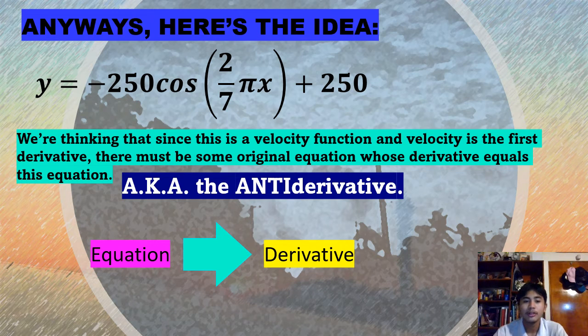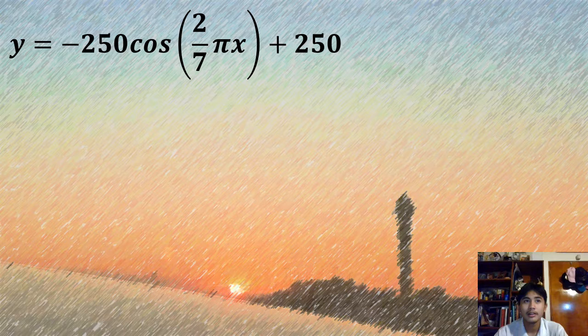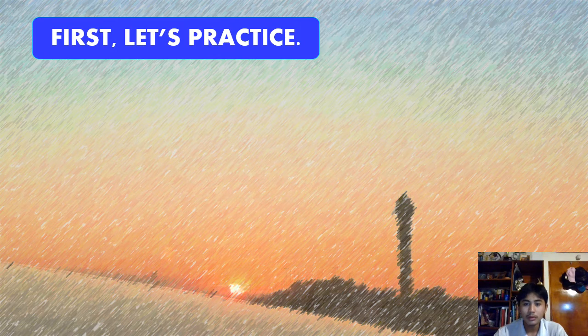Usually we're given the equation and we have to differentiate it to get the derivative. But in this problem, we have the derivative and we need to get to the original equation. So that's finding the antiderivative, and we're going to try and find it.